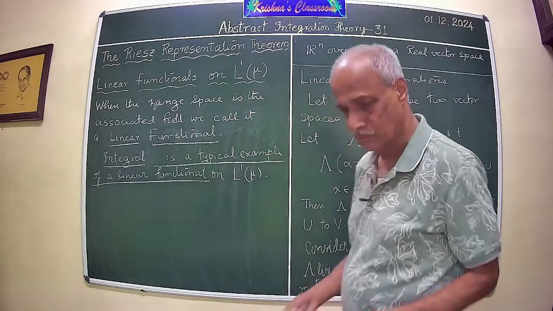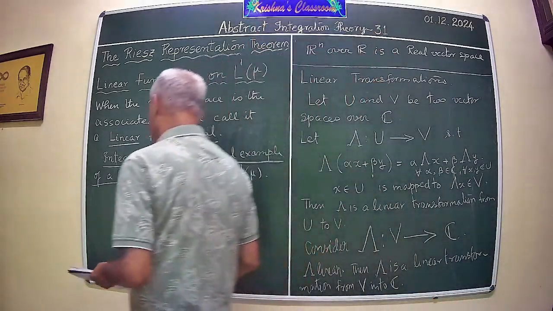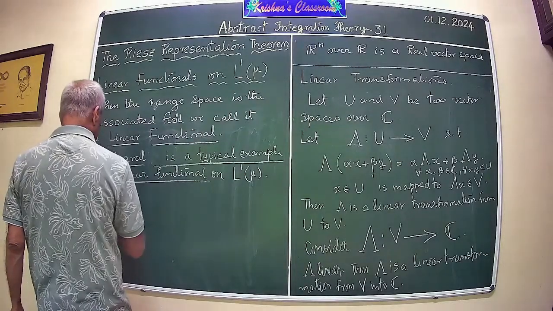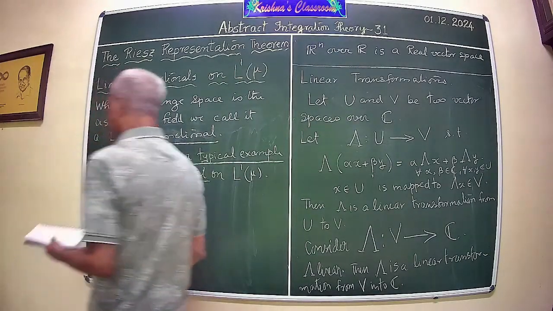Let us work it out. So we take x, mu to be a measure space.